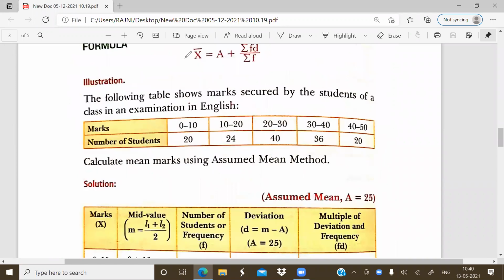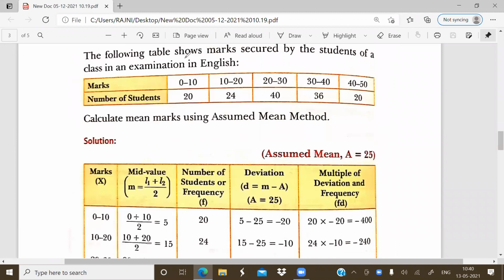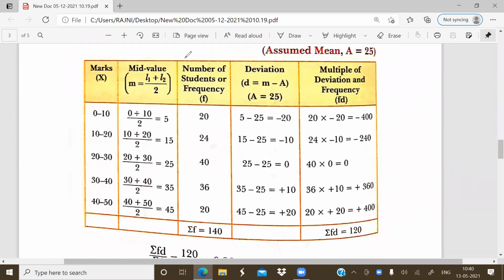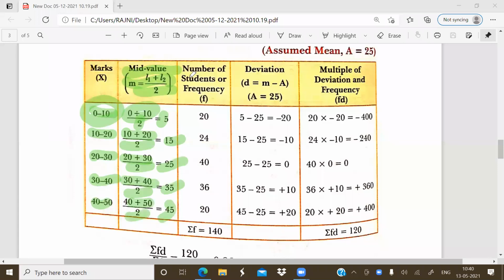We will also discuss it with the help of an example. The class intervals are 0 to 10, 10 to 20, 20 to 30, 30 to 40, and 40 to 50. Simple. The first step is to find the mid value. How to calculate the mid value? Lower limit plus upper limit divided by 2. 0 plus 10 by 2, 10 plus 20 by 2, 20 plus 30 by 2, 30 plus 40 by 2, 40 plus 50 by 2.